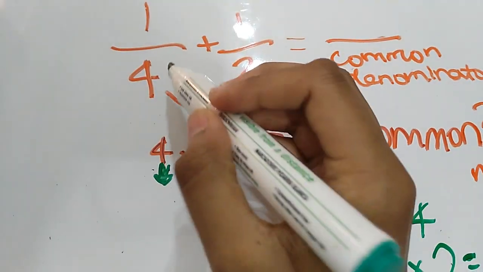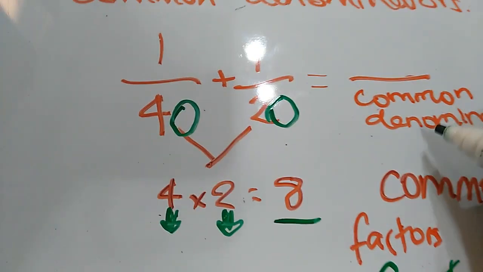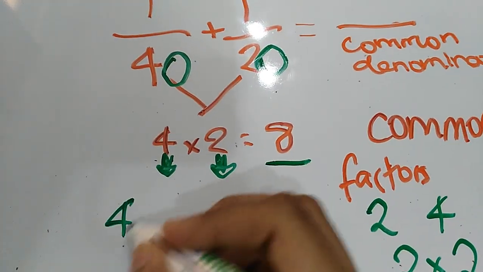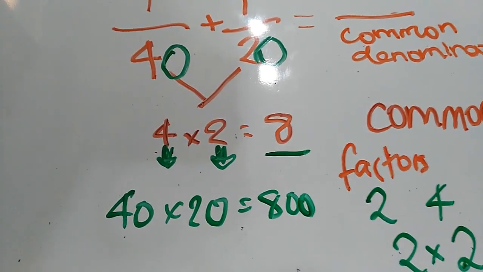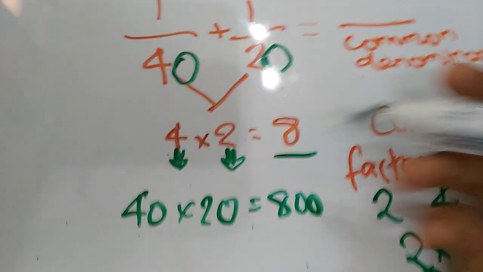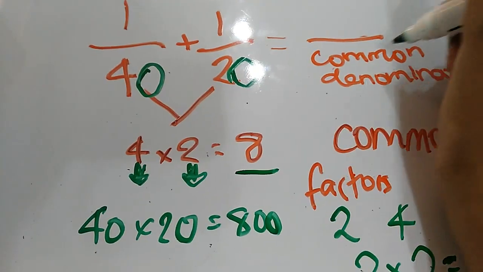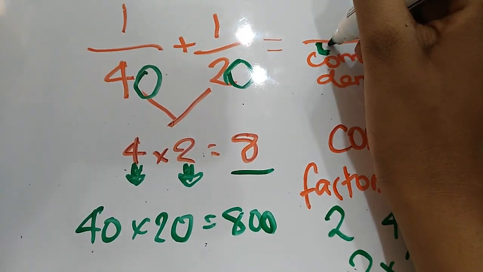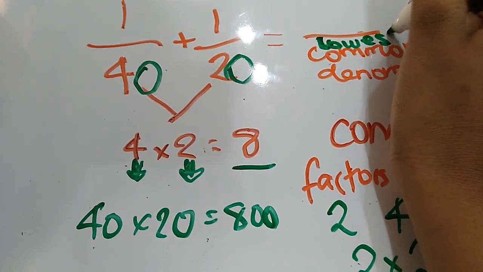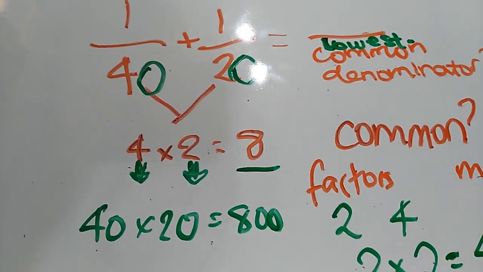But what about if this was 40 and 20? Well, suddenly you end up with 40 times 20, which would give you a very big denominator. And you don't want that. You want to keep it as small as possible. So what you want is not just the common denominator, you want the lowest common denominator to make it easier for yourself to calculate.